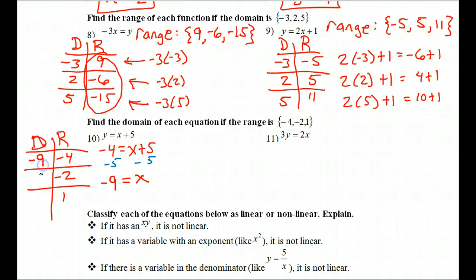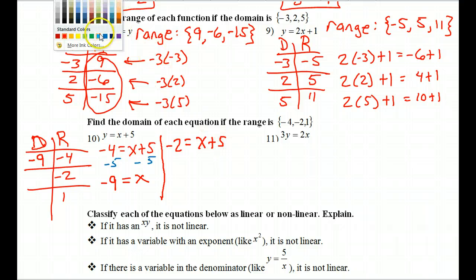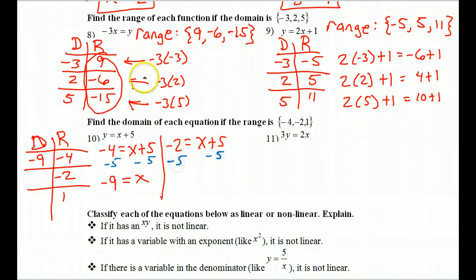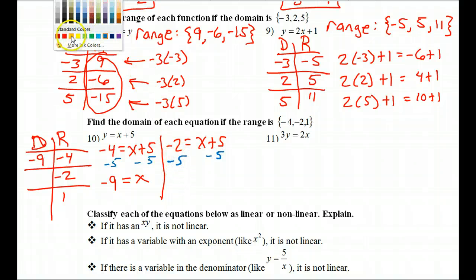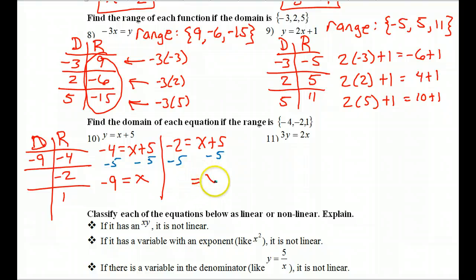So that means the domain value is -9. Now let's do the next one. If the y value is -2, that means -2 is equal to x plus 5. Again, let's subtract 5 from both sides, and that's going to give me x equals -7. So that gives us another domain value.